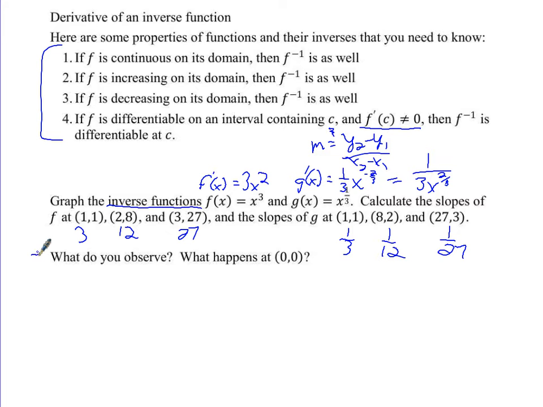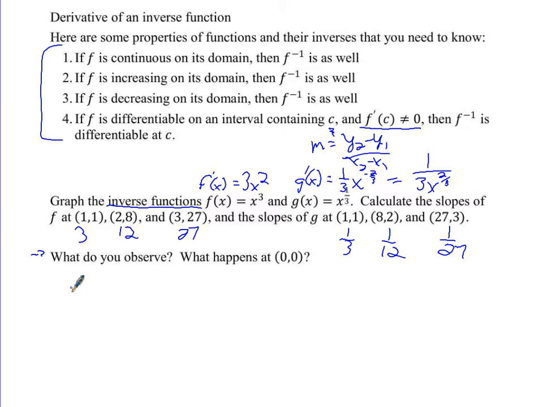So, let's answer this question right here first. What do you observe? The slopes are inverses, but there's a better word than inverses. Multiplicative inverse is a fancy way of saying an R word. Reciprocal. Yes.